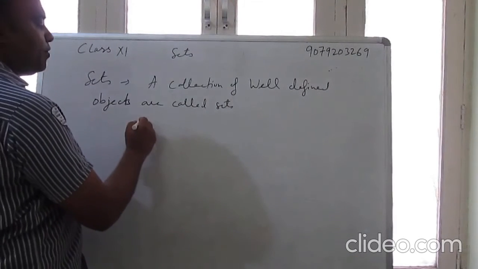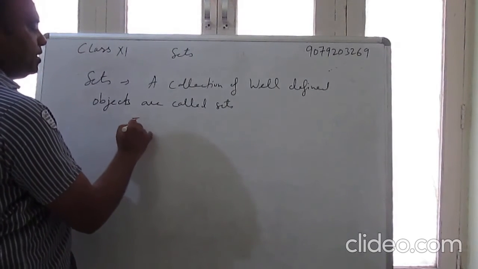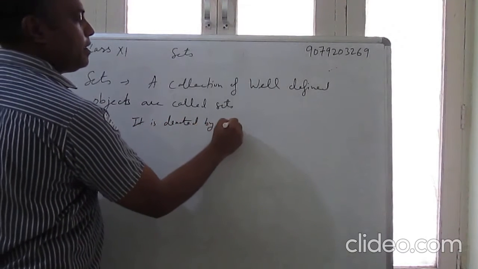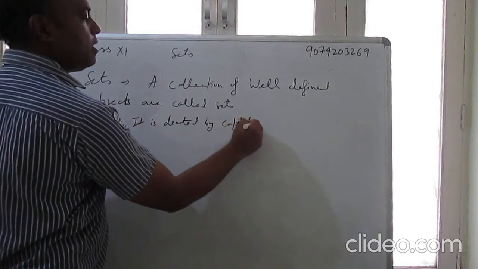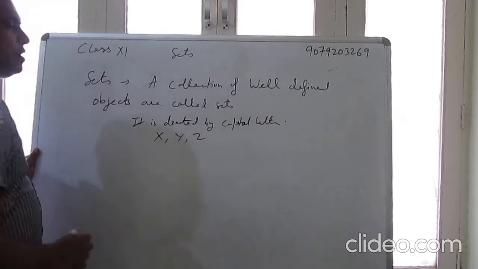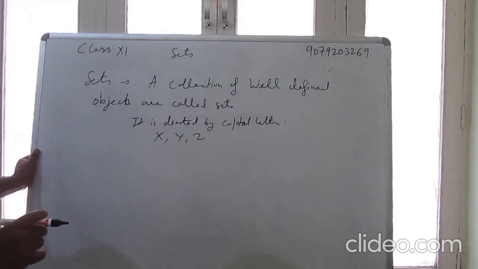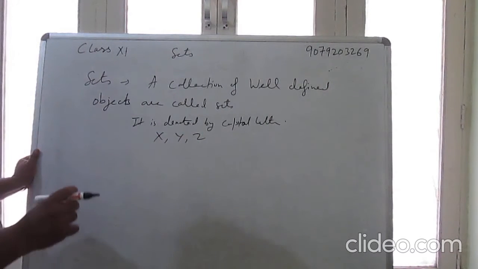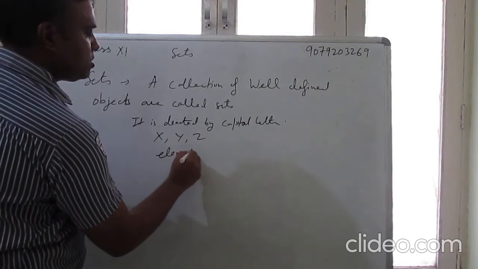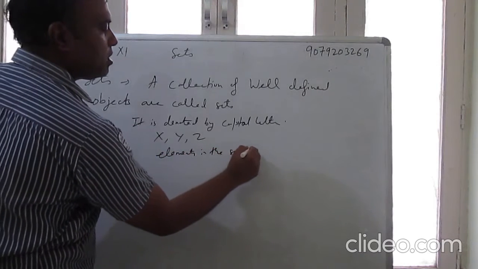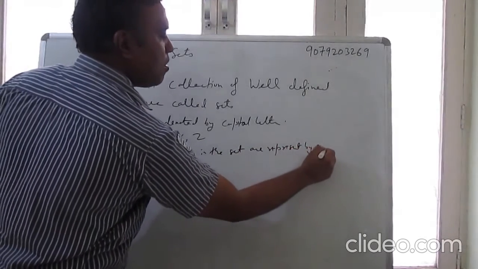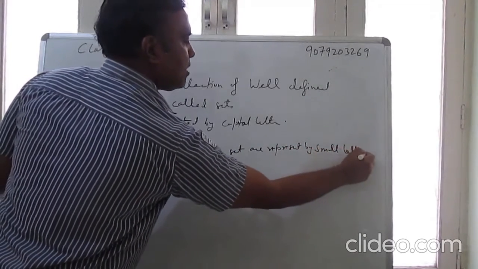Sets are usually denoted by capital letters, say X, Y, Z. The elements in the sets are generally represented by small letters.